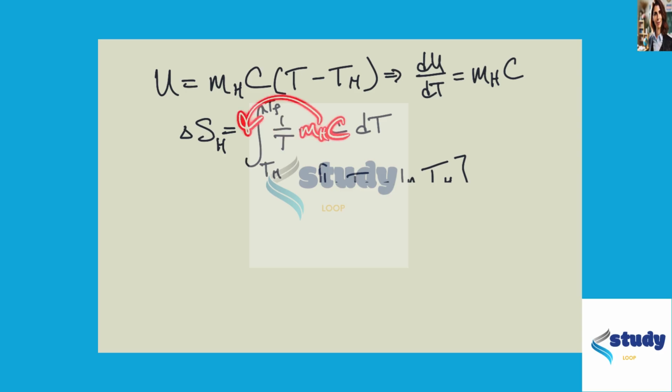That actually comes out of the integral, so we get an integral of 1 over T dT. And if you remember from calculus, that is the natural log. So we get the mass of the hot water times the heat capacity of the hot water times the natural log of the final temperature minus the natural log of the initial temperature.